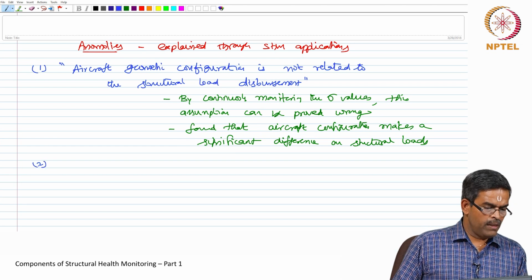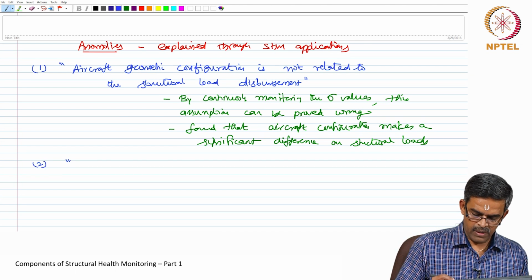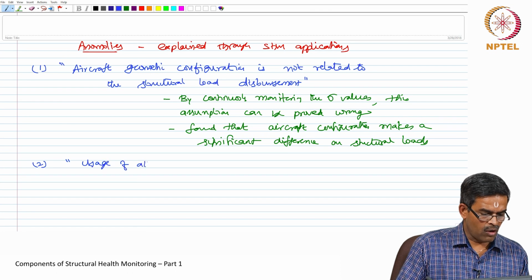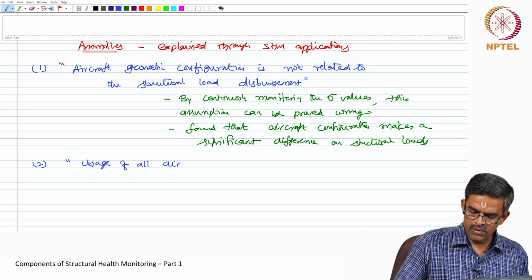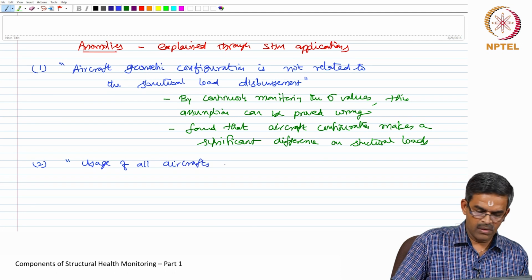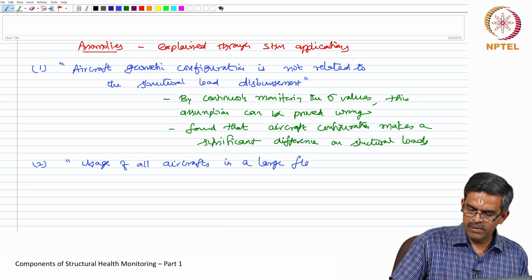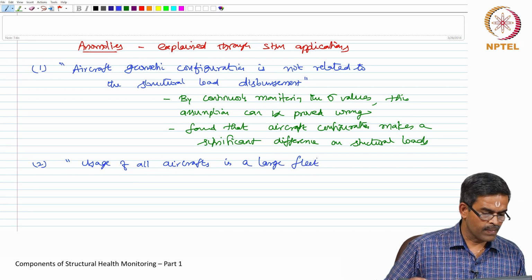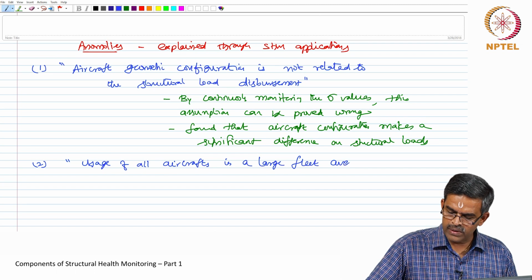The next anomaly says that usage of all aircrafts in a large fleet averages out with time.